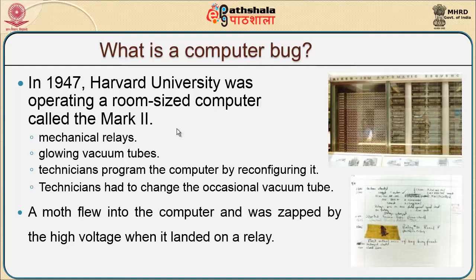A moth flew into the computer and was zapped by the high voltage. It landed on a relay and there was a bug which was identified. This is one of the first bugs when we were working with computers.